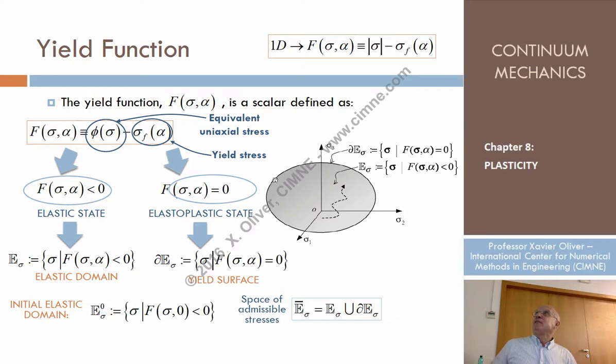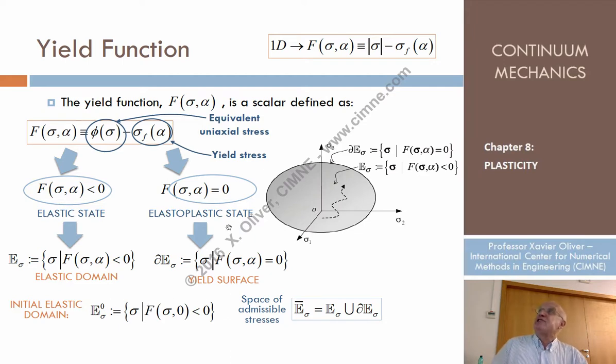We can move around there. That's feasible. But then we are in a different regime, the elastoplastic regime. And if we want to go away from that, then we cannot keep alpha constant. We have to generate a variation of alpha, so that the domain increases in order to have larger stresses.